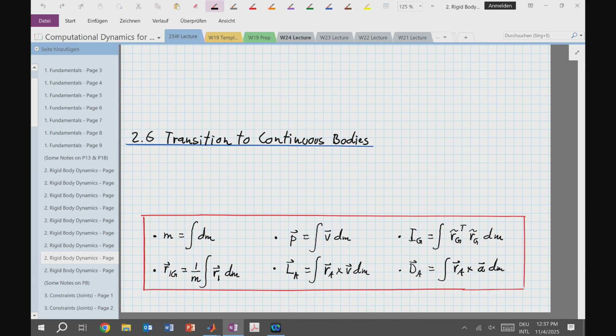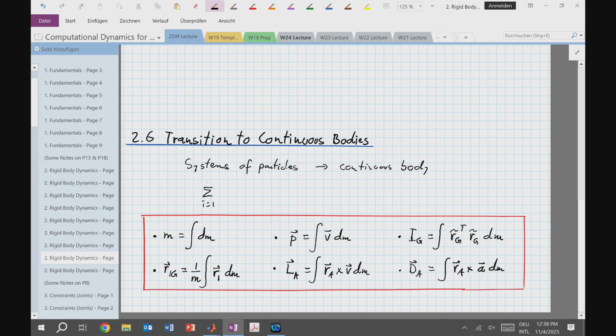I think the transition from systems of particles to a continuous body is quite simple. You simply assume that your body is made up of particles, and you let the number of particles go towards infinitely many.